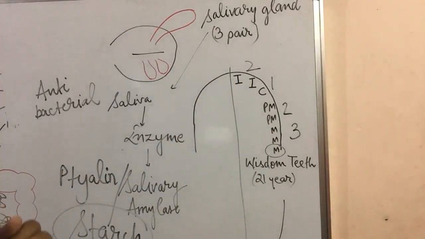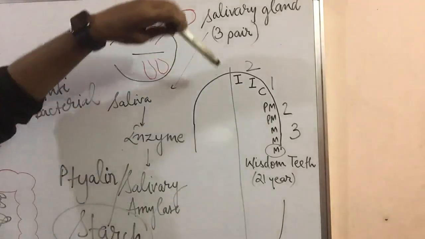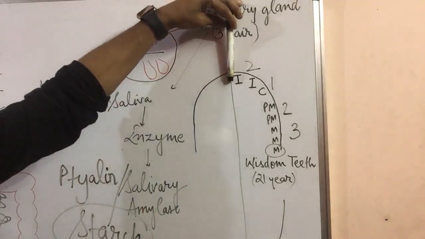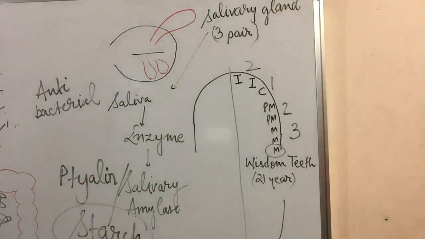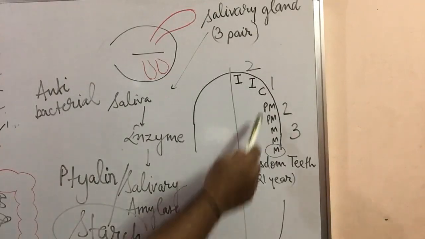What is the function of the incisor? It is meant for cutting, such as if we have to eat chocolates, we will use this point. If we have to tear something, such as sugar cane, or we are eating non-veg, then we use our canine.